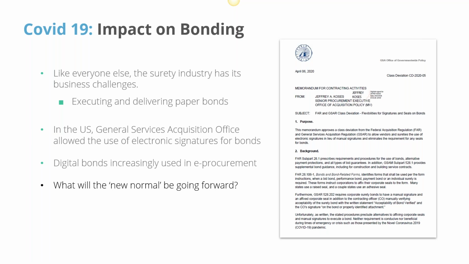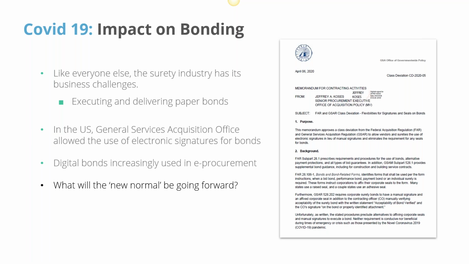In the US, e-bonds are used, but the continued use of paper bonds was more heavy. So I've included a publicly available document from the General Services Administration back in April, which makes clear that because of the pandemic and the logistical issues of getting those bonds out the door, digital bonds or electronically signed bonds are acceptable.